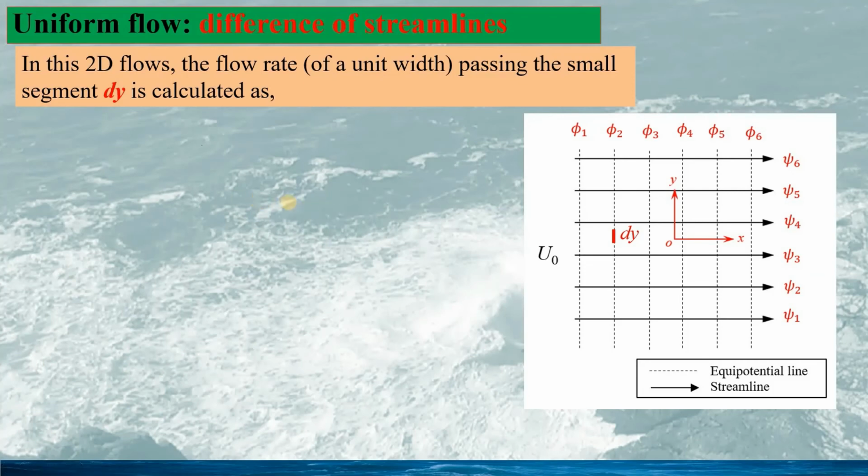Here, we have looked at the 2D flow rate. This can be understood as the conventional flow rate of a unit width. So when we consider the flow rate past the small segment dy here, the flow rate dq would be calculated as this: u0, the velocity, times dy.